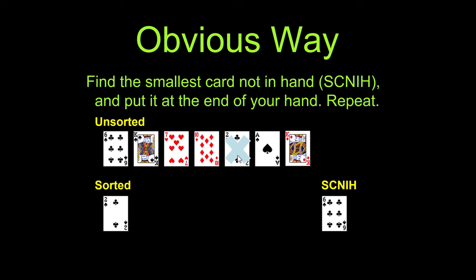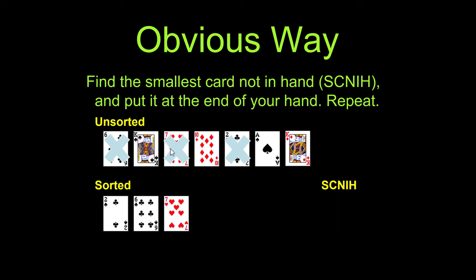Then 2 is gone. Then we repeat going through all the cards, starting with 6, and found that 6 is indeed the next smallest. So 6 is here and 6 is gone. Next, we repeat starting with king and at the end of it, we found that 7 is the smallest and 7 is gone.